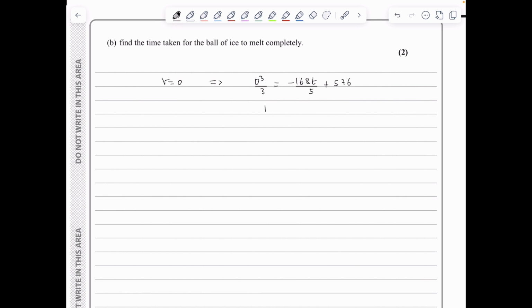So we're looking at 168t over 5 being equal to 576. I will divide both sides by 168 over 5, and we arrive at t being 17.1 minutes. I need to include the units here because this is a modeling question, so I need to include the units to claim both marks.